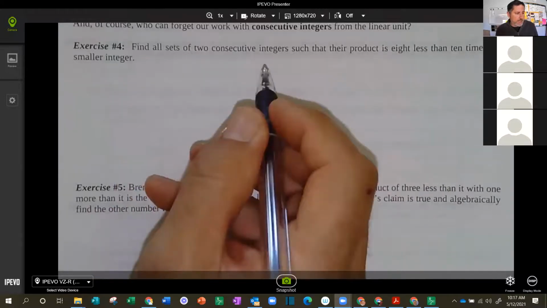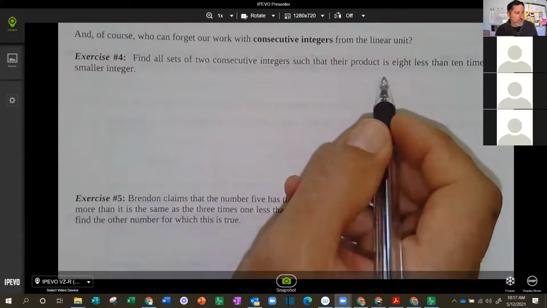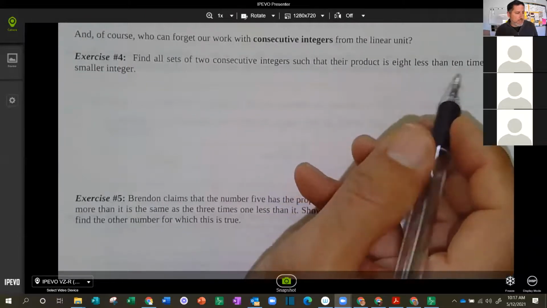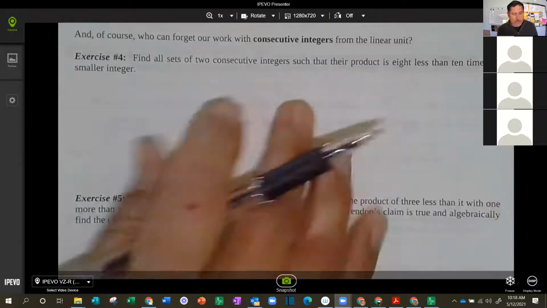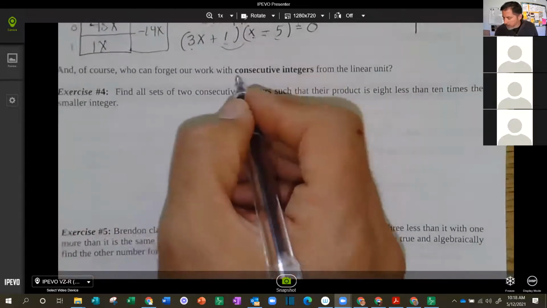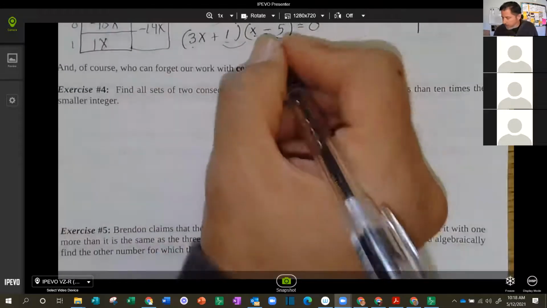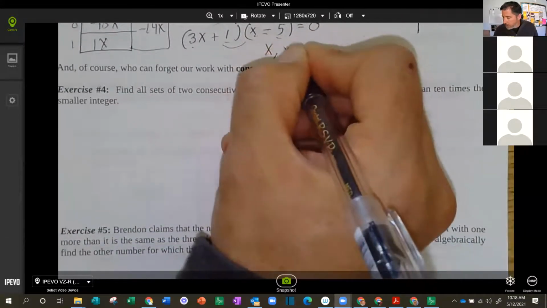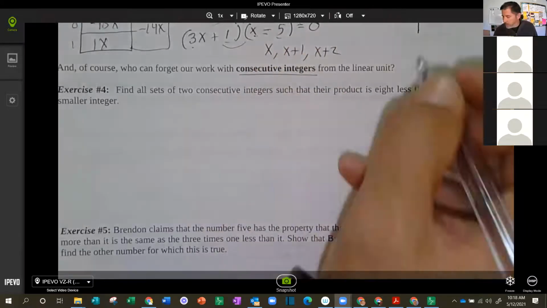Find all the consecutive integers such that the product is 8 less than 10 times the smaller unit. Okay, now you might remember doing consecutive integers. All right, those were pretty fun. They were like x and then x plus 1. You remember that? And then x plus 2. Those are all consecutive integers.